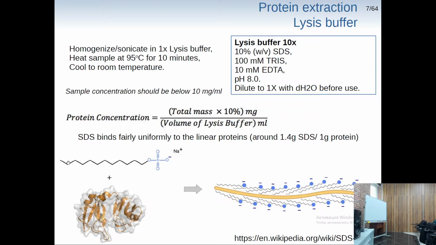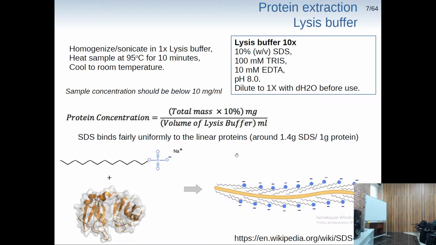As you can see, it's a kind of lipid with this non-polar group, which also has a charge. And since it can easily bind non-covalently to our proteins and cover them more or less homogeneously, if we have this SDS in excess in solution, then our proteins will be covered, and the longer the protein, the more charge there will be.